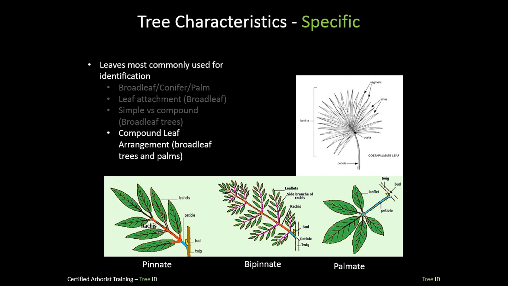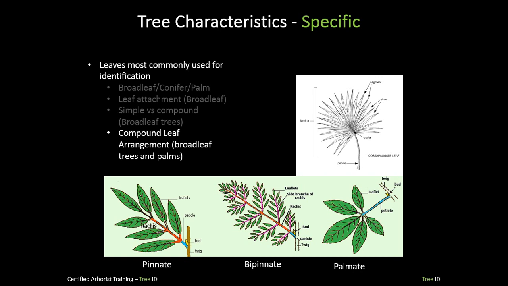Bipinnate, instead of just leaflets coming off either side of the main rachis, which is an extension of the petiole, you have a second set of rachises, like a double branching, with leaflets on rachises on the main rachis. And there's actually a species in Florida called horseradish tree that is tripinnate. So there's another level of breakdown, and when you see that, you know exactly what the species is, because that's very rare.